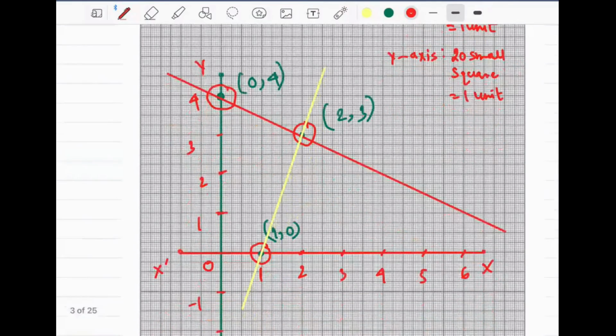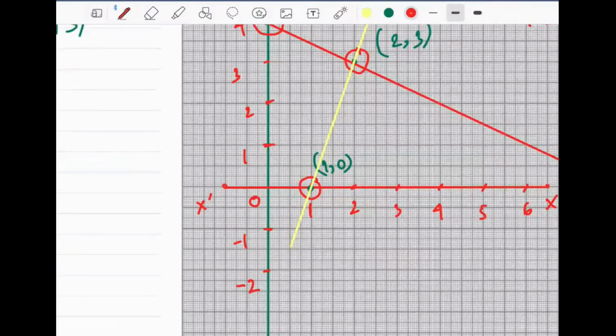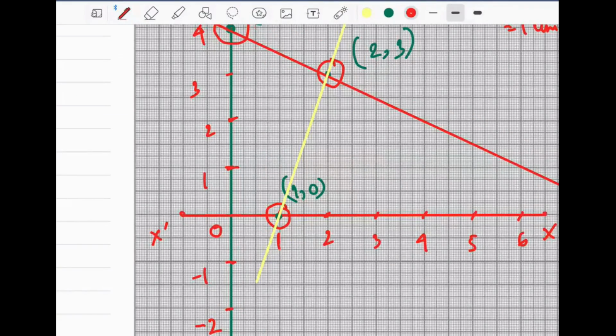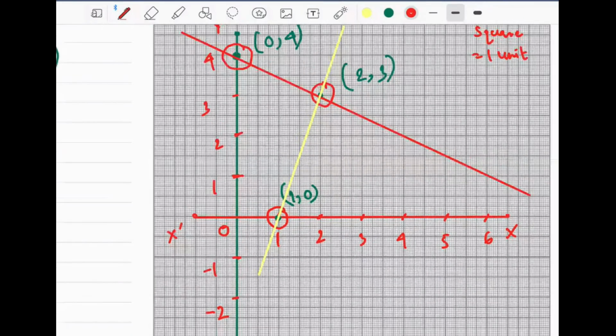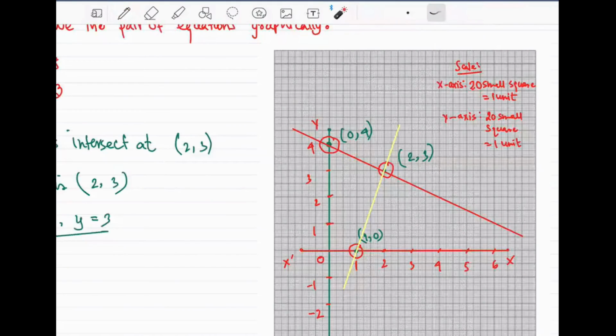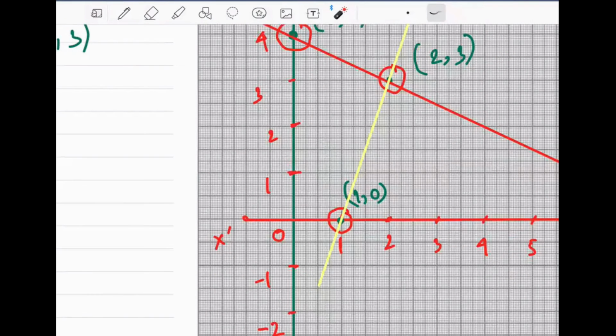One difference: if the value of y is very large, say you have to plot up to 20 or 30, and I take so much space like this, there might not be enough space available to plot up to 20. I can just plot up to 4 here, 5 here somewhere, 6 here, 7. Before I reach 20, my space will end, right? So you can change a little bit in the x-axis.